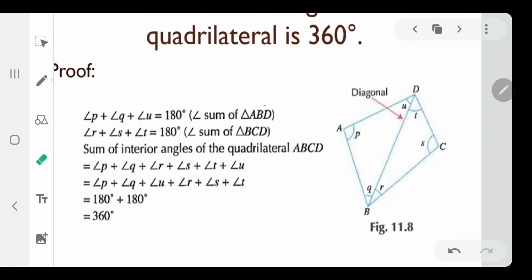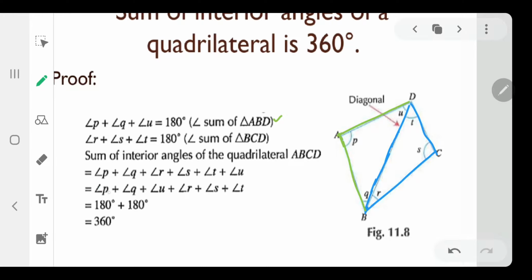So we can write it as angle P, angle Q, angle R, angle S, angle T and angle U. We know that angle P plus angle Q plus angle U is equal to 180 degrees, right? Because all these three angles are part of this triangle, their sum is 180 degrees.